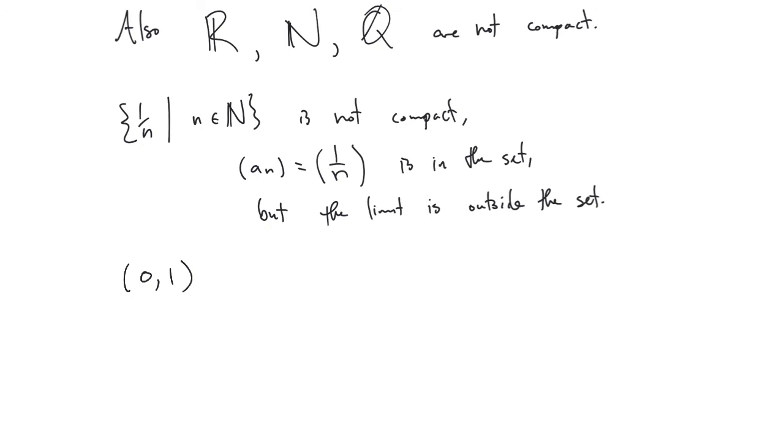You have to think about, can you find a sequence in here which has a limit, but the limit is not in here? What should the sequence look like? Yeah, that same sequence will work in this set also. So this one is also not compact.